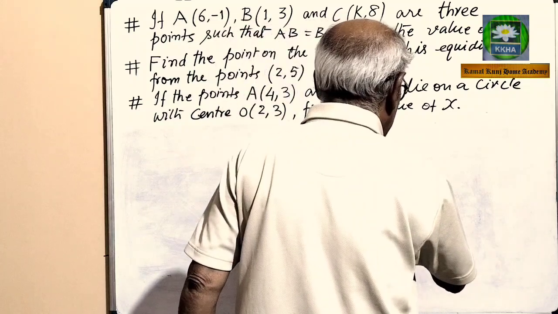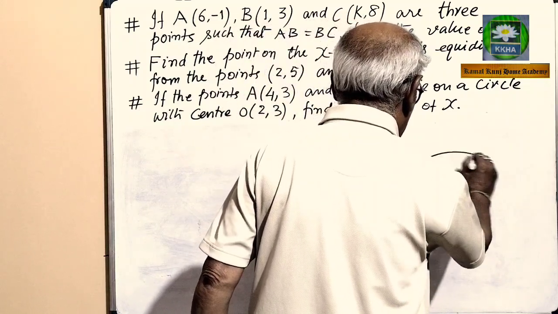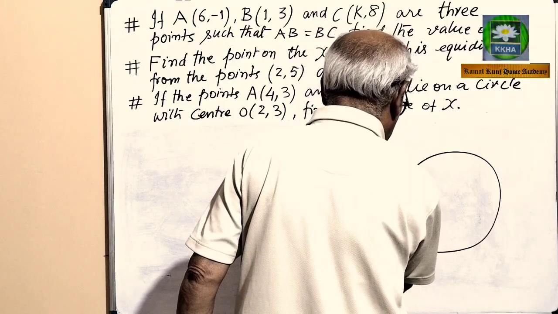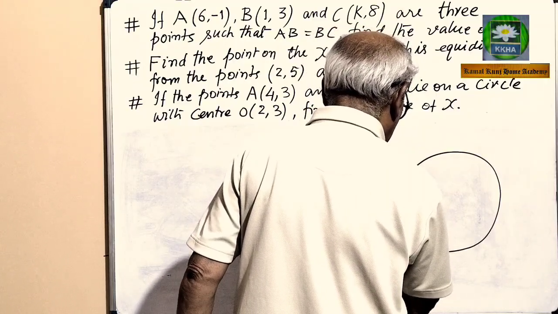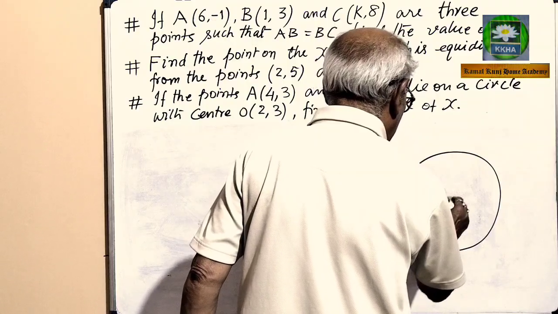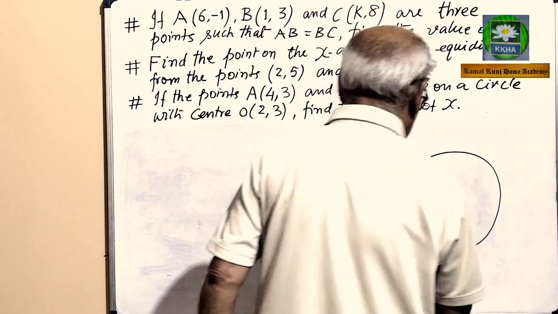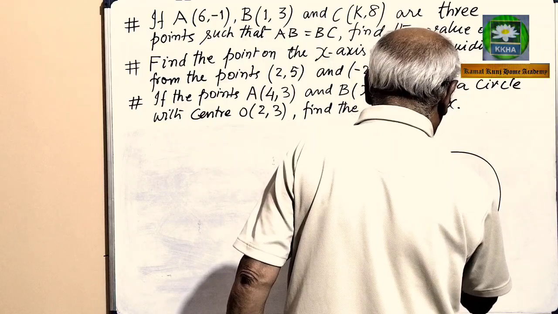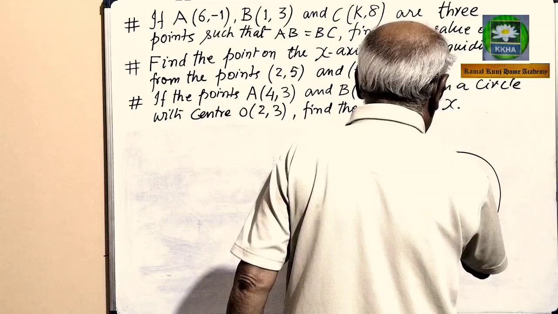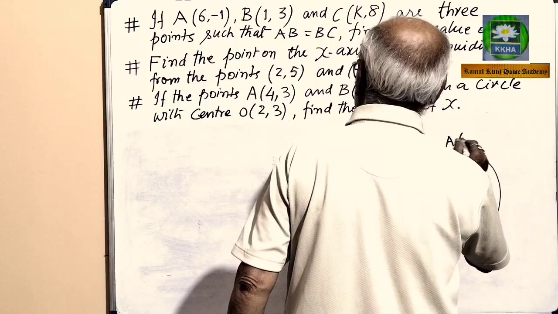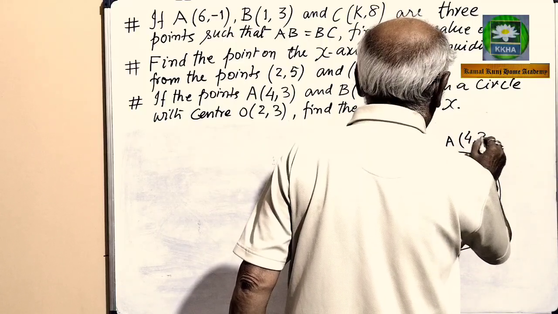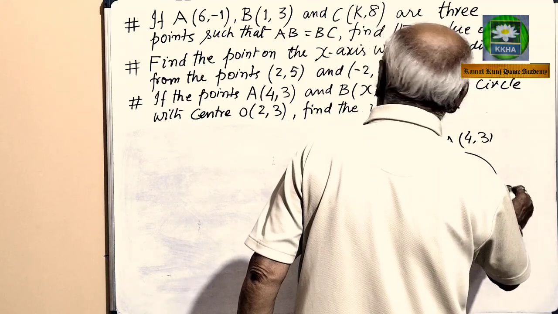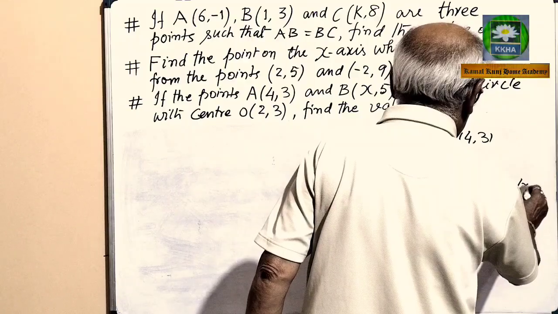There is a circle with center O, with the center whose coordinates are 2, 3. And there is a point A whose coordinates are 4, 3, and another point B whose coordinates are x and 5.